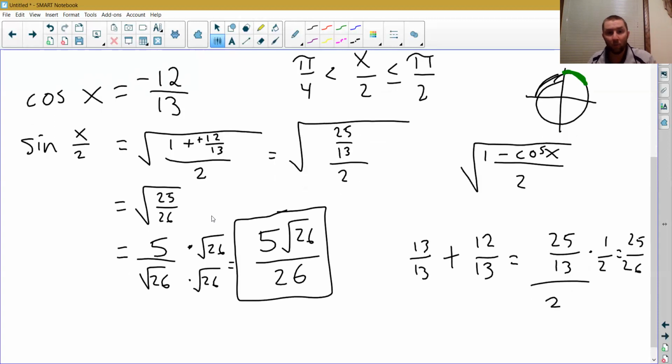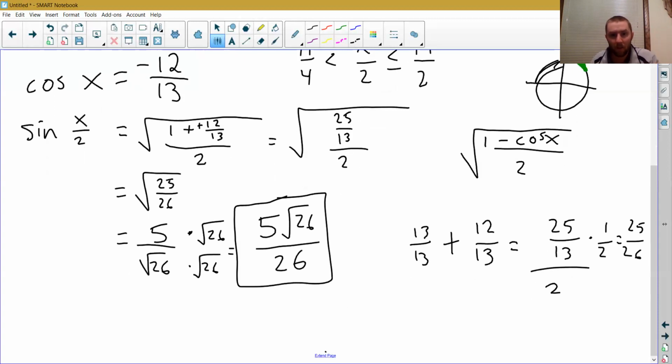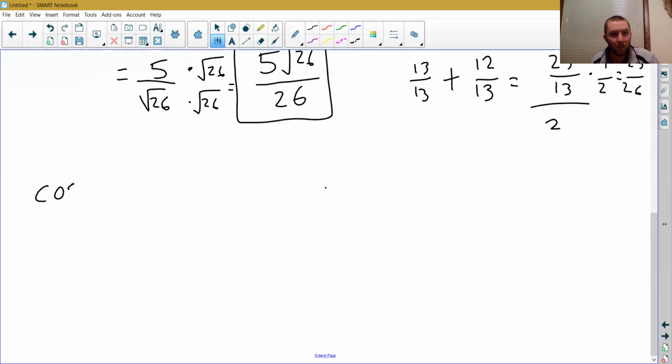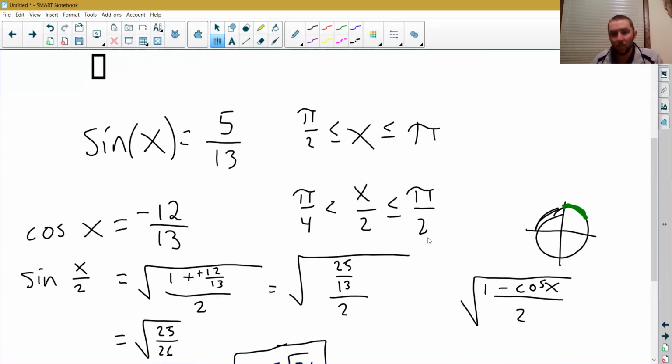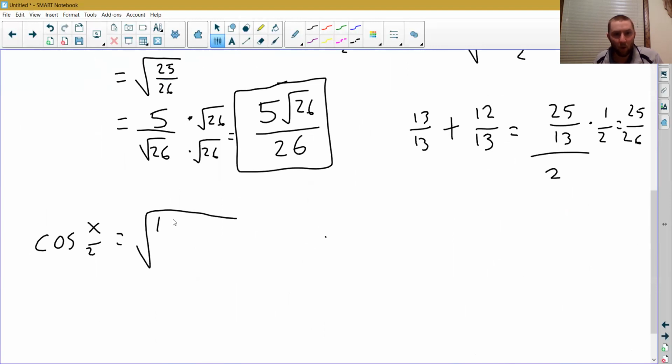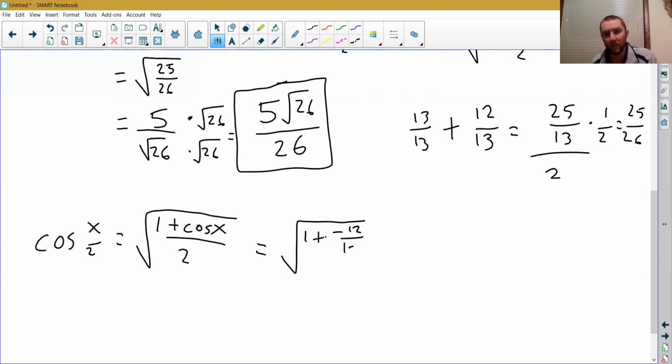Okay, now if we want to find the cosine of x over 2 in this particular case, that again is also going to be positive based on what I know from my unit circle, right? Positive, and this is the square root of 1 plus the cosine of x, over 2. Because my cosine value is negative, this ends up being 1 plus a negative 12 over 13, over 2. 1 plus a negative is sort of like minus. 1 minus 12 over 13 is actually 1 over 13.